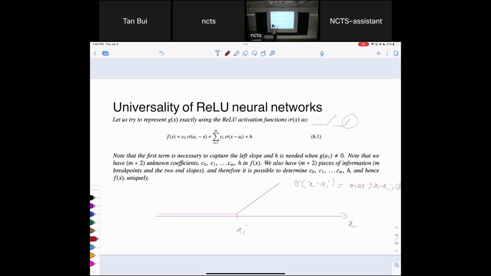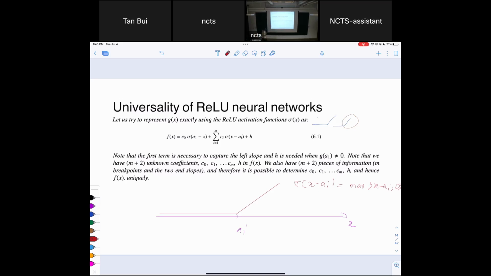At each a_i you have one ReLU function, and then we sum them up. Because if you sum two piecewise linear functions, you get another piecewise linear function. So for every breakpoint, we put down a ReLU. We determine the weights: one here and the bias minus a_i here.